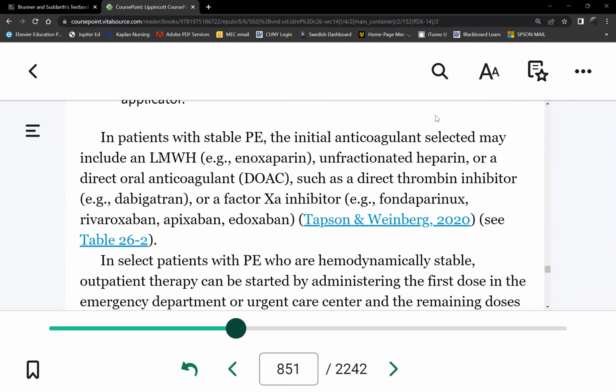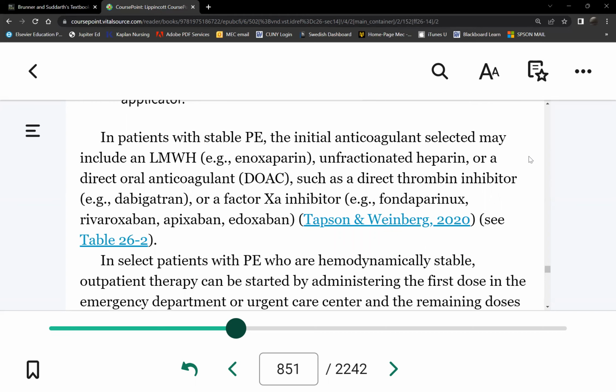And these are the same anticoagulants we used last week. Why again is the patient with, let's say, a submassive PE placed on both heparin and warfarin? Correct. Does warfarin have immediate effects? No. It takes days, right?